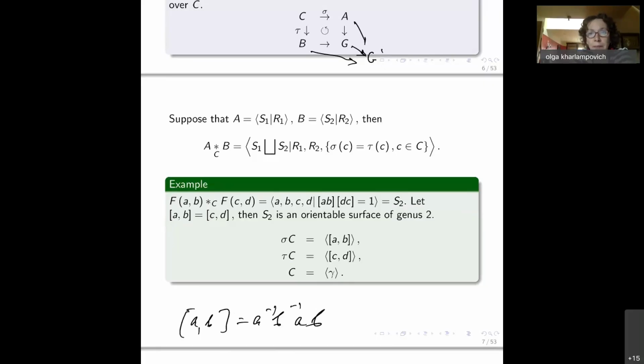S1 is A, B; S2 is C, D. So we have generators A, B, C, D.